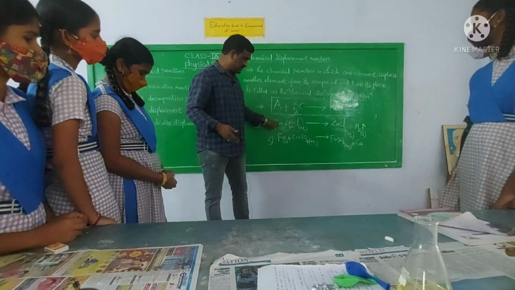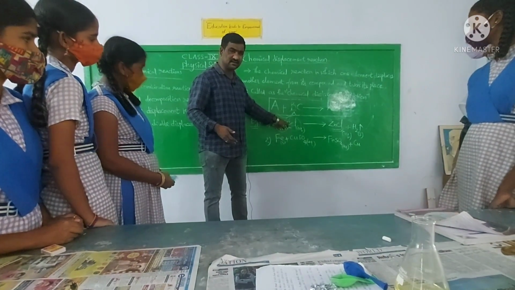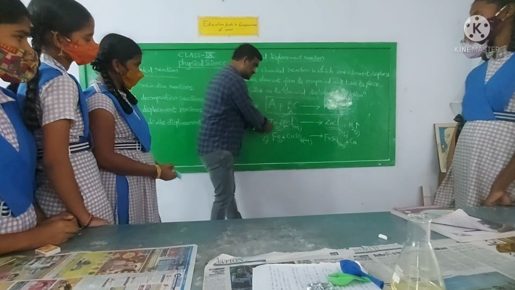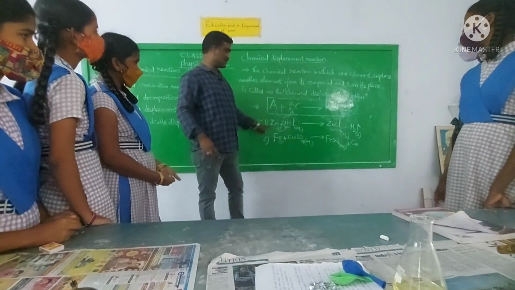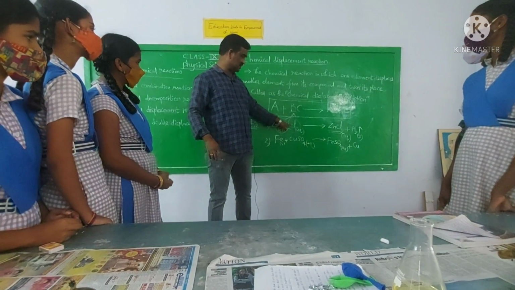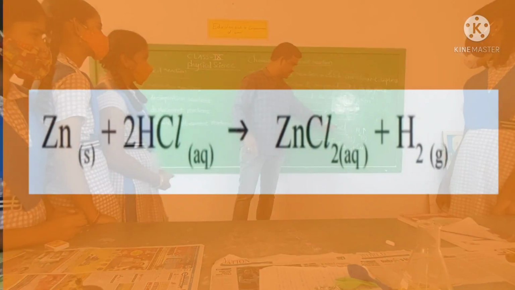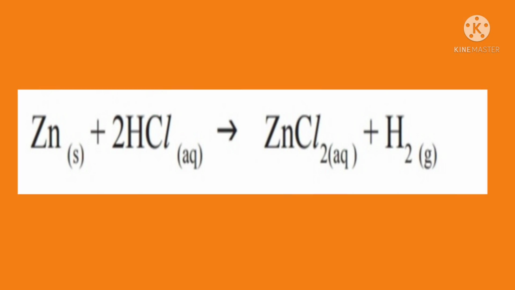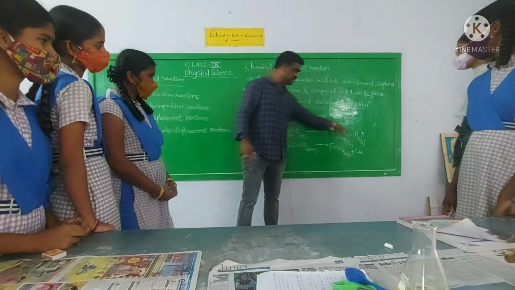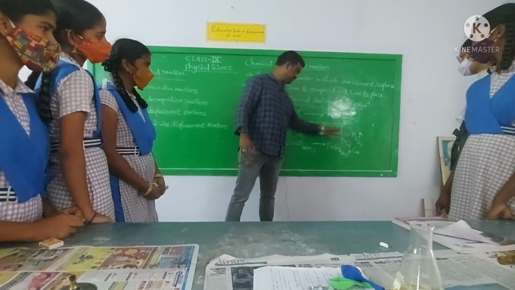That's why when zinc reacts with hydrochloric acid, the zinc displaces the hydrogen from the compound HCl and forms zinc chloride. The displaced element, hydrogen, separates from the HCl and evaporates in the form of gas.